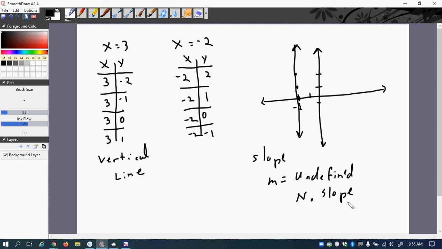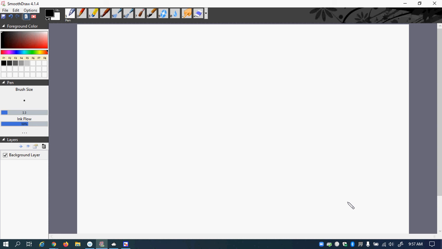And so that's important to see. When we're looking at problems, we're probably going to be given some tables and then asked, what is that particular equation? That's important to be able to do.